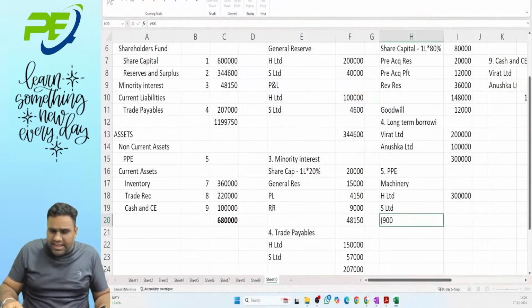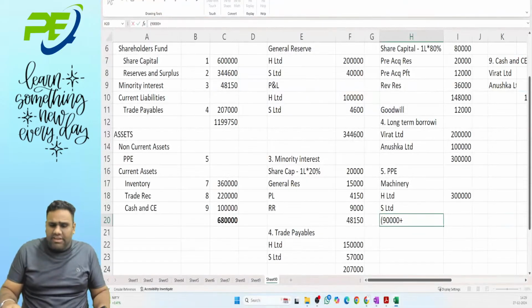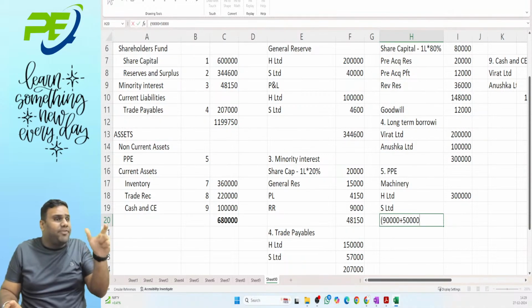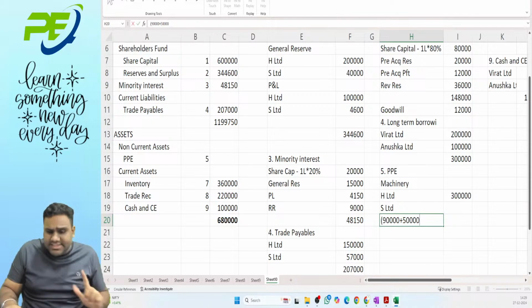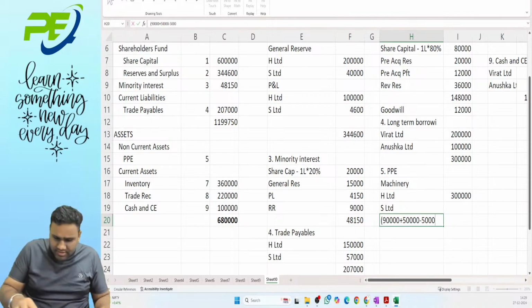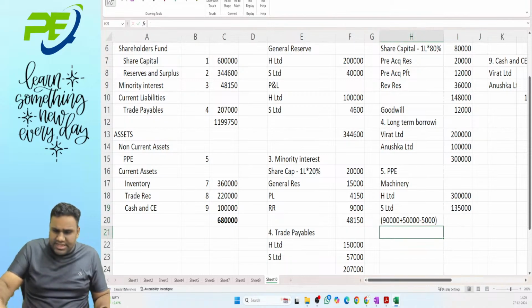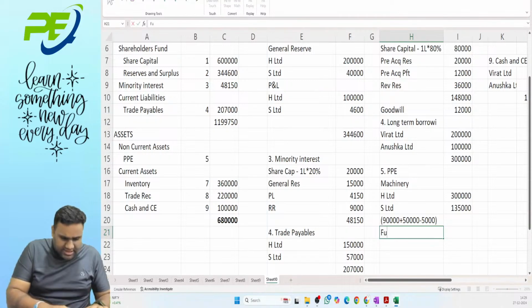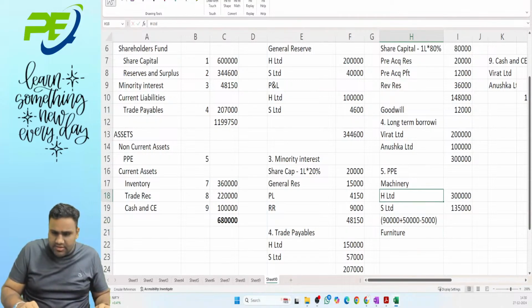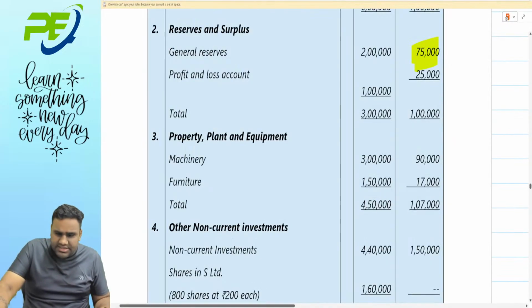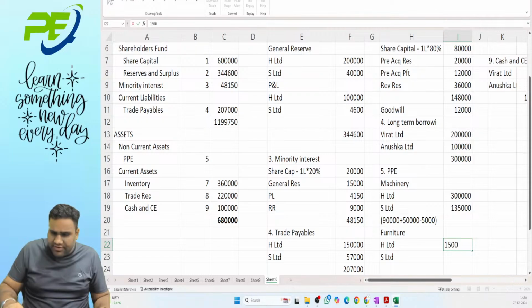See, 90,000 was there in the books. We have increased the value by 50,000, upward revaluation, and extra depreciation we have charged 5,000. So 135. So this is machinery. Then furniture, H Limited and S Limited. H Limited furniture 1,50,000.